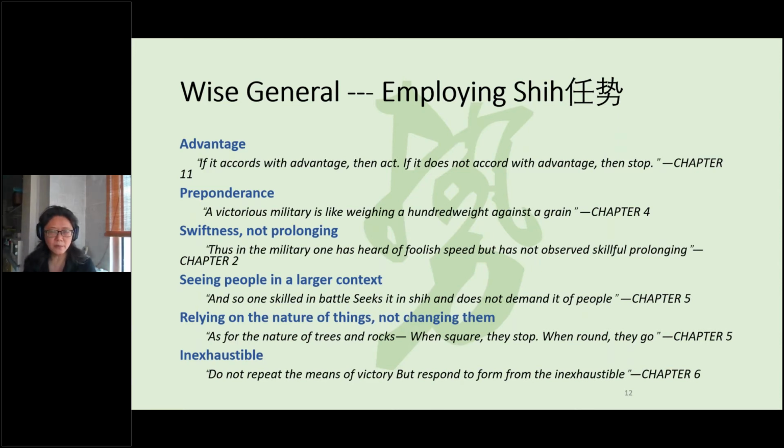And the way we do that, which is connected to employing shi, is that we do not go and ask our managers or colleagues directly for their actions, right? What we do is try to build up a certain kind of shi in the workshop.